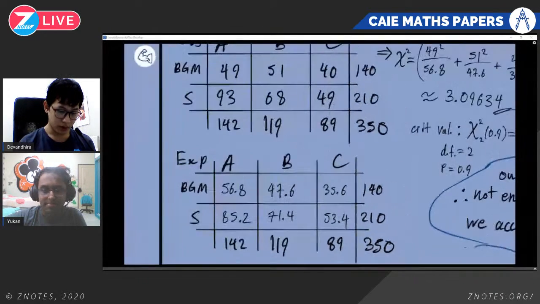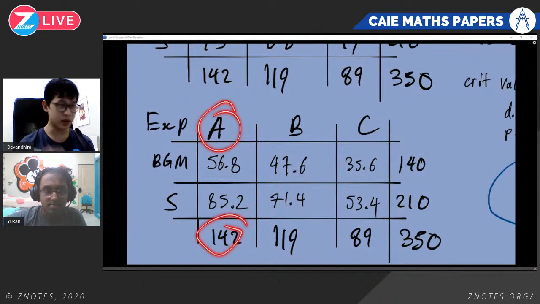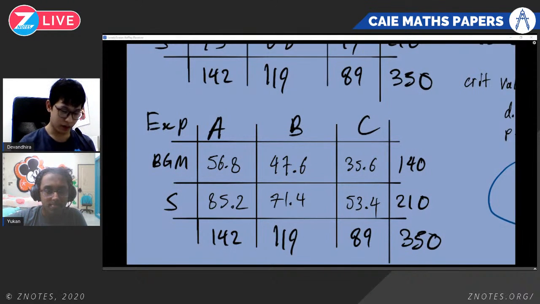Okay, so here's how you do it. You know that the total number for a grade A student is 142, and for BGM is 140, right? Yep. So the trick is 142 times 140 divided by the total number of students, and you should get 56.8.